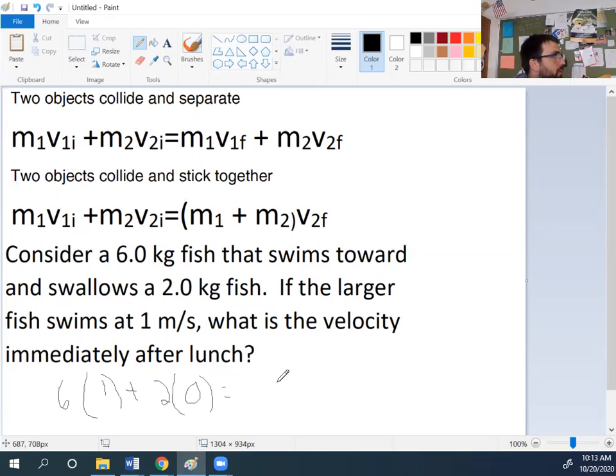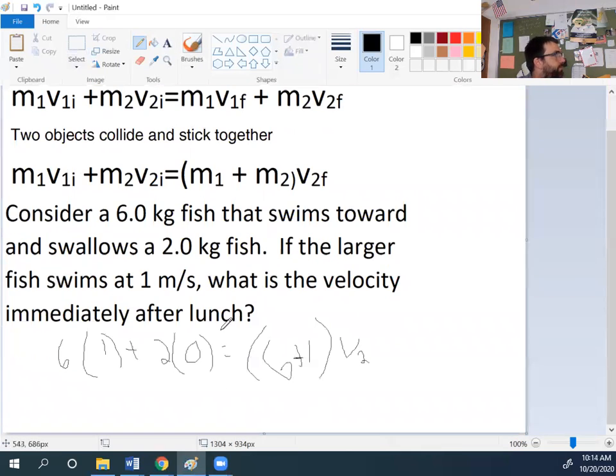So equals, parentheses, the two masses added together, 6 plus 2, times, I'm asking for the velocity immediately after lunch, so the final velocity. So we'll label that as V2. So I can simplify some of this out, can't I?